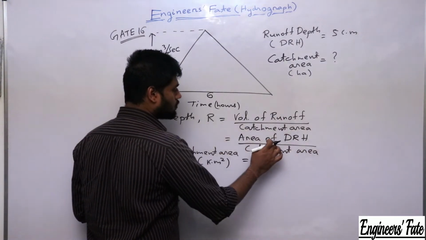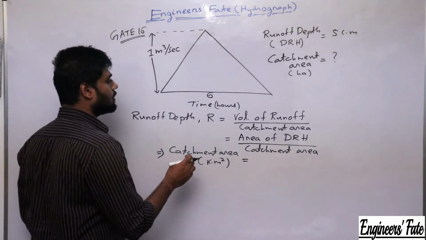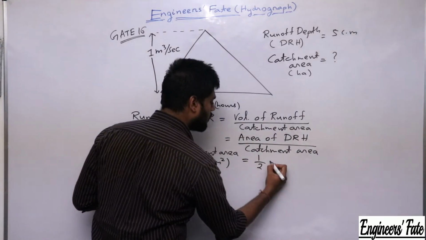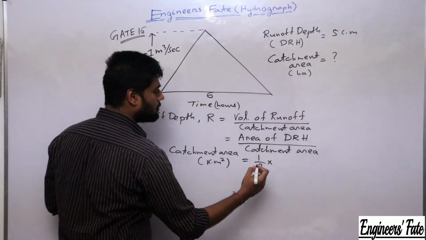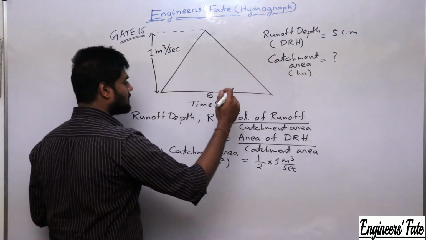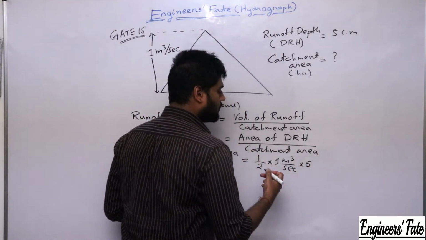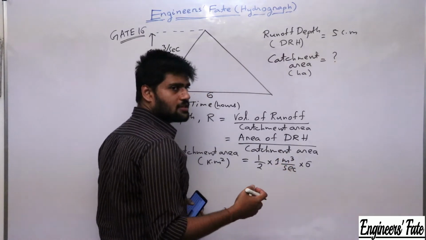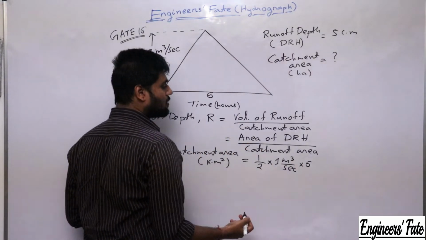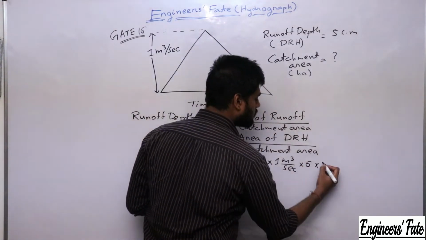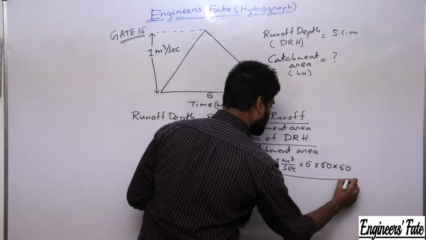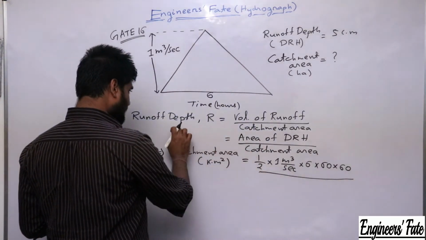So the area of DRH is nothing but the area of this triangle. The area of this triangle is half base into height. The height is 1 meter cube per second. And the base is 6 hours, so I have to convert 6 hours into seconds because the height is given in meter cube per second. So 1 hour equals 60 minutes, 1 minute equals 60 seconds, divided by the runoff depth.